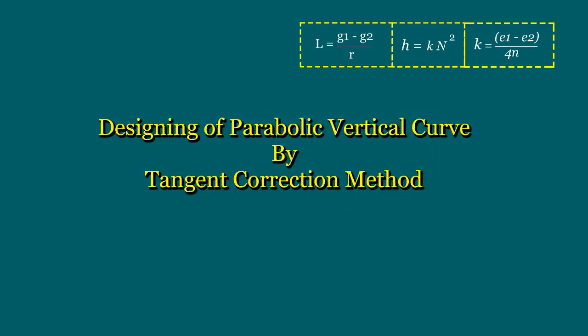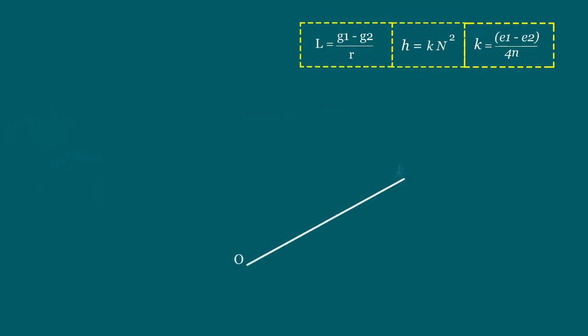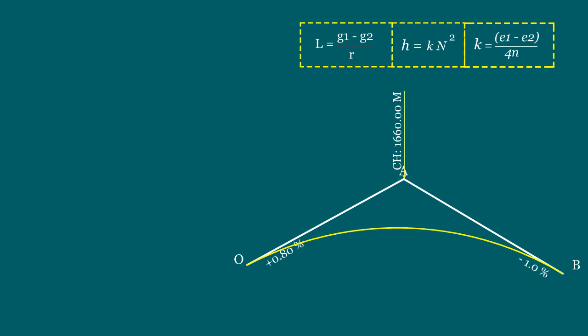Here, we will see a sample of design calculations by using the tangent correction method. The known information is: a parabolic vertical curve is to be set out, connecting two uniform grades of plus 0.8% and minus 1%. The chainage and the reduced level of the point of intersection are 1,660 meters and 238.00 meters.